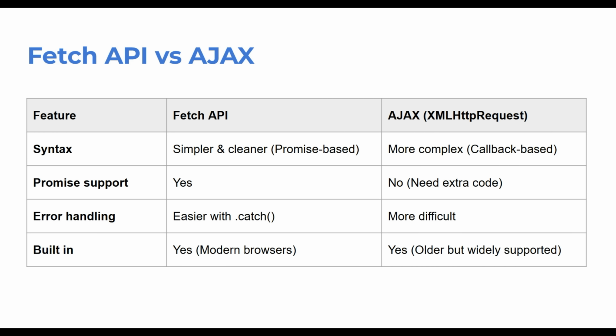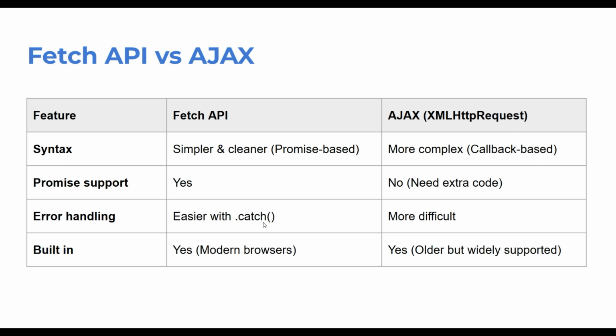Now, let's quickly compare it with AJAX. In terms of syntax, Fetch API is promise-based and is simple and clean to use, while AJAX is callback-based and is more complex to use. Fetch API supports promise syntax, AJAX doesn't.